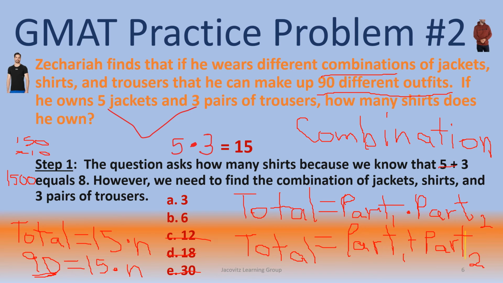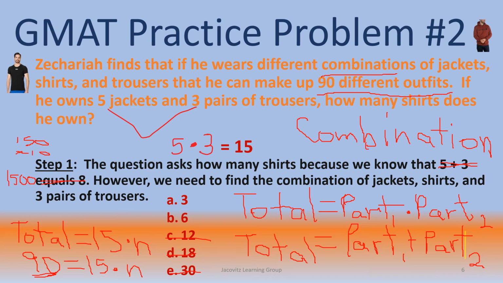Combinations are strictly multiplying, because 9 out of 10 times a combination is multiplying. It's just something you know, and after a while it'll make sense. Plus, if you were to divide 8 into 90, you wouldn't get 3 or 6. So that's a good way to check behind yourself.